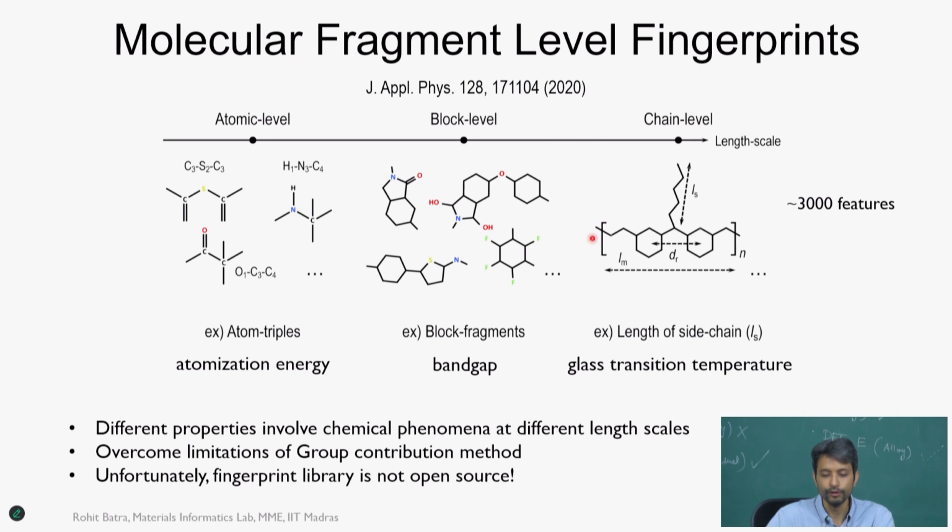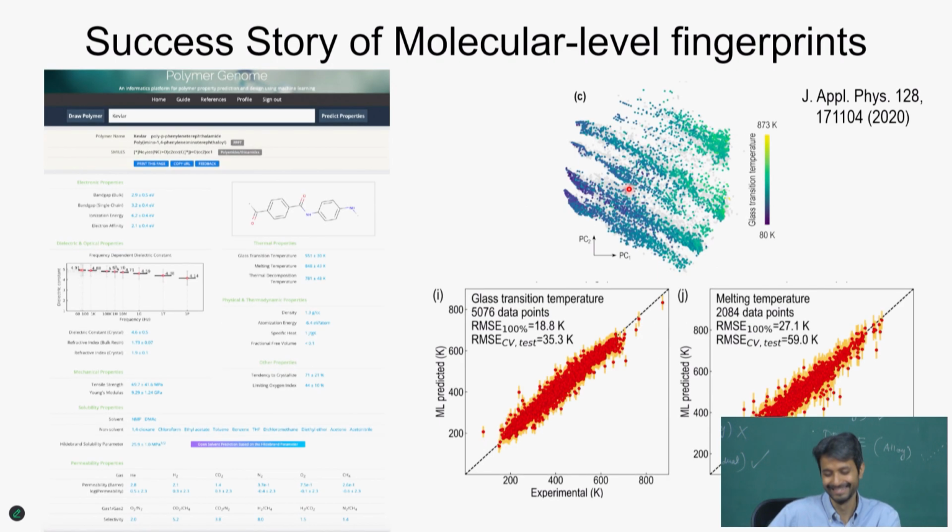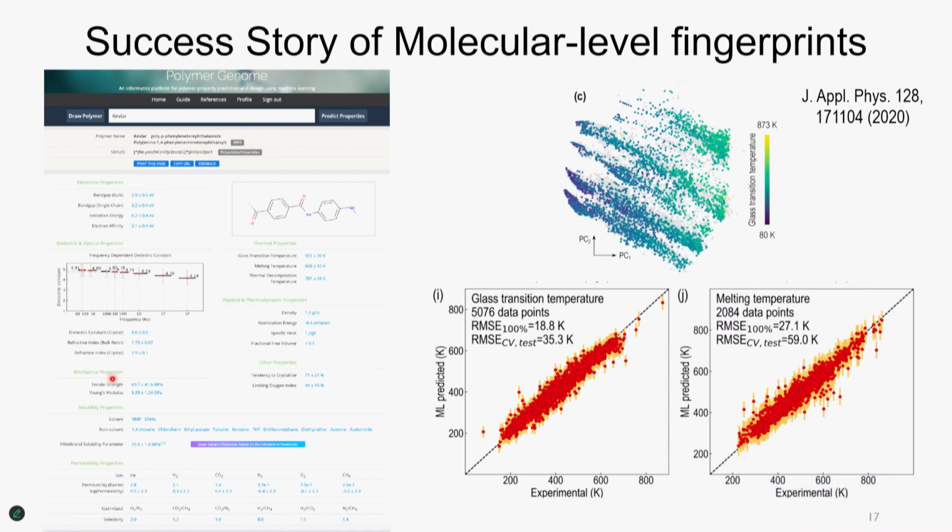Unfortunately this is not open source, because now it's a startup, so they want to earn money. But they have done wonderful work in this area. It's not visible, but they have all types of properties: electronic, dielectric, mechanical, solubility, permeability, whatever. A whole range of polymer properties they have learned using this similar scheme.